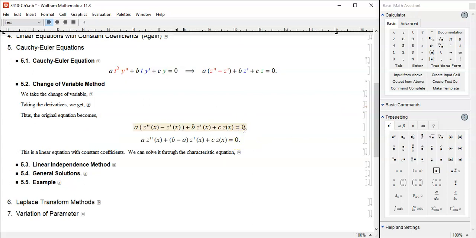And then, if we rearrange, we get this equation: a z double prime plus (b minus a) z prime plus c z is equal to 0. So this is a linear ODE, second order linear ODE with constant coefficient, so you can solve it through the method of characteristic.